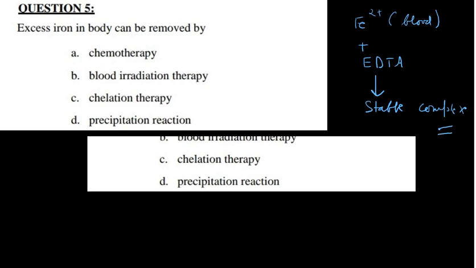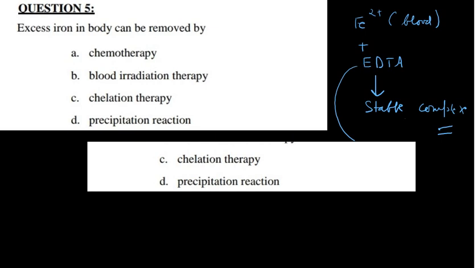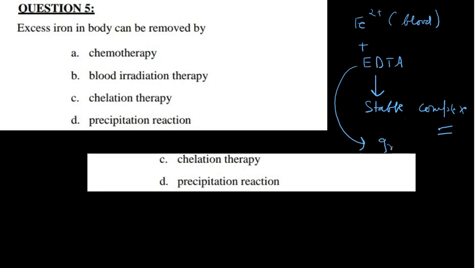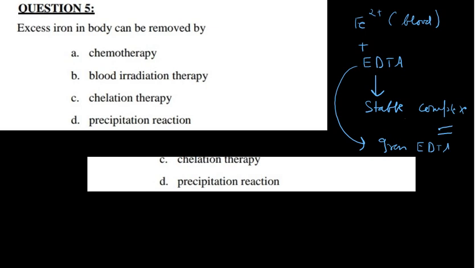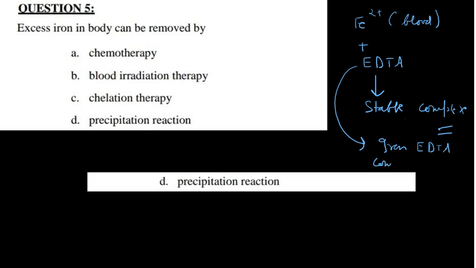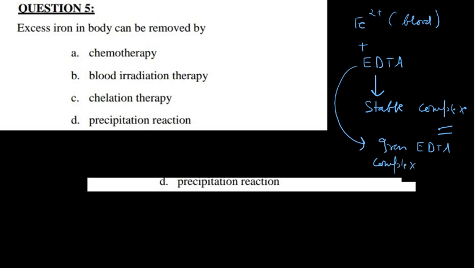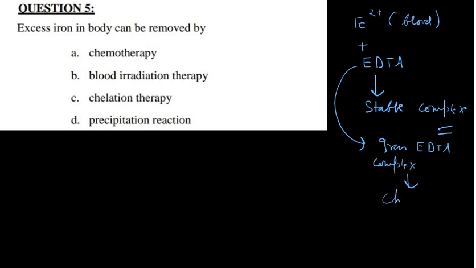And you know this EDTA complex with iron, so I can write iron EDTA complex. Since it is hexadentate, it's a chelate or chelating complex. So excess iron in the body can be removed by the chelation process. Okay, so option C is the correct answer.